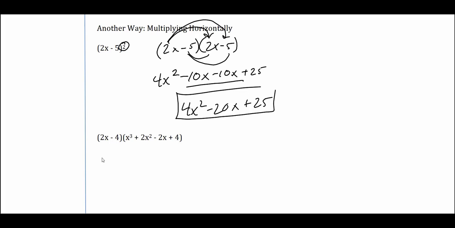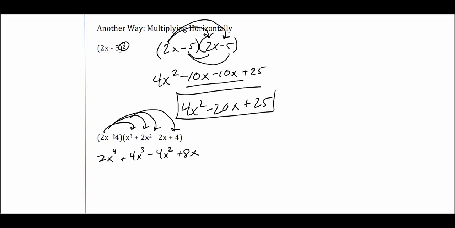Okay, this one here, same thing. I'm going to multiply 2x by this, 2x by this, 2x by this, and 2x by this. So I get 2x to the 4 plus 4x to the 3 minus 4x squared plus 8x.